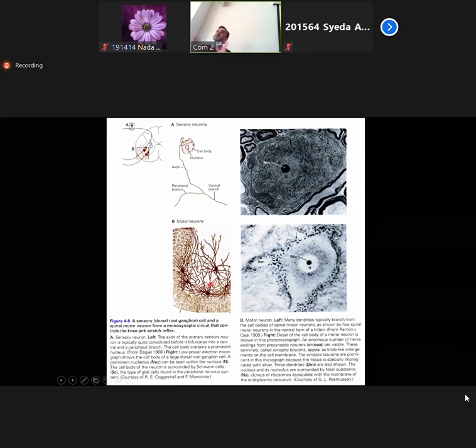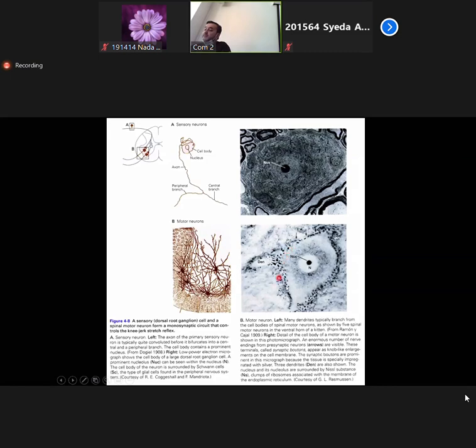So it is a multipolar type of neuron. Multiple neurites are coming out. So it has multiple dendrites and one single axon. You can see it here also in the electron microscopic structure.